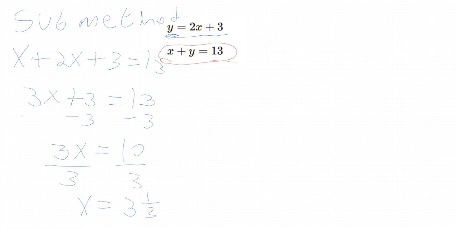Sorry, I take that back. We need to substitute it into this one. So y equals 2 times, let's just write it as 10 over 3, plus 3.